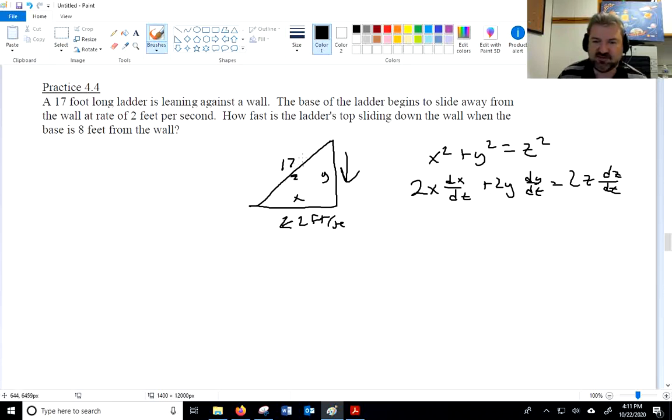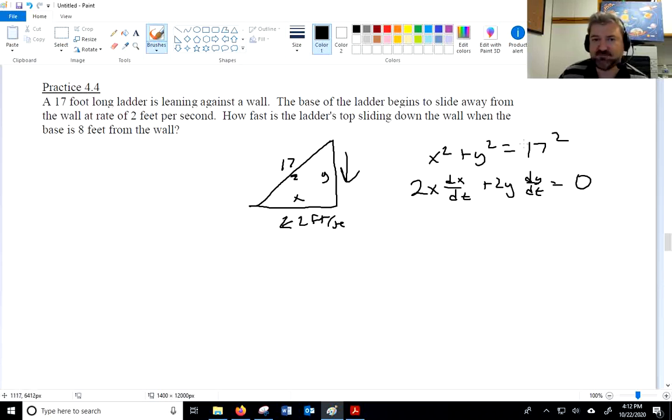How is the z length changing over time? Well, since the ladder is constantly 17 feet, it's not. So this is a 0. And 0 times any of this whole thing is 0. So this whole thing is just gone, which is exactly what you would get if you realized beforehand that that value is constant. And you could just say 17 squared, and then the derivative would be 0.